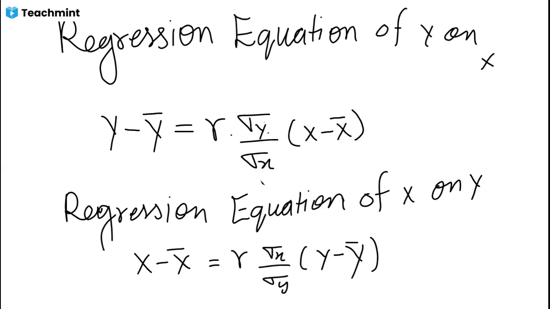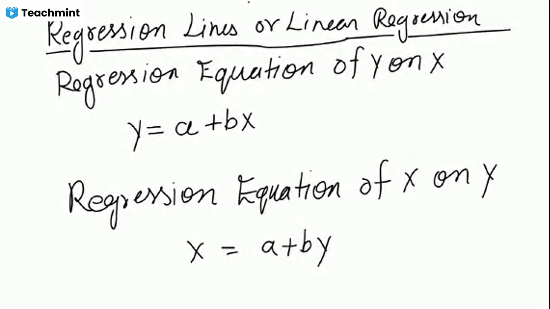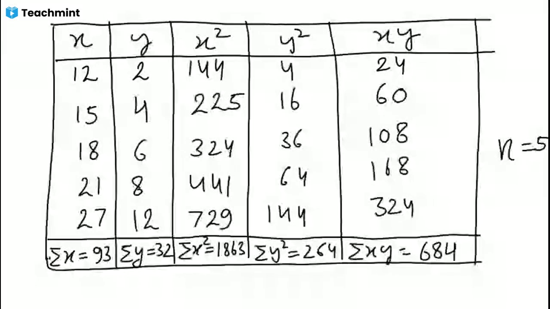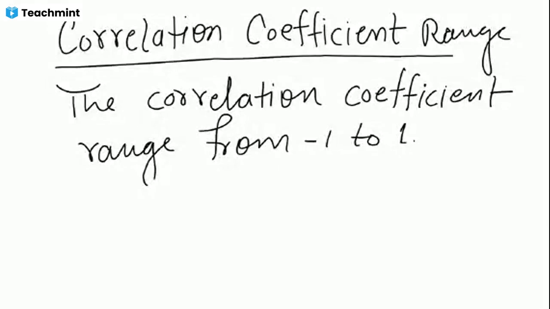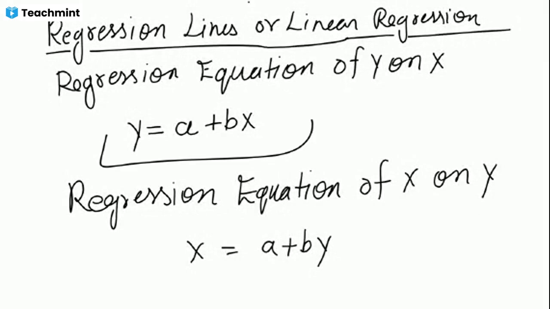By using data, you can find the values of a and b. Just construct a table as we have done before, because we need summation x, summation y, summation x square, summation y square, and even summation xy. Construct a table for the given data, find the values of a and b, then put them in these equations. Then you can find the required linear regression equation in both conditions. Can you do that?